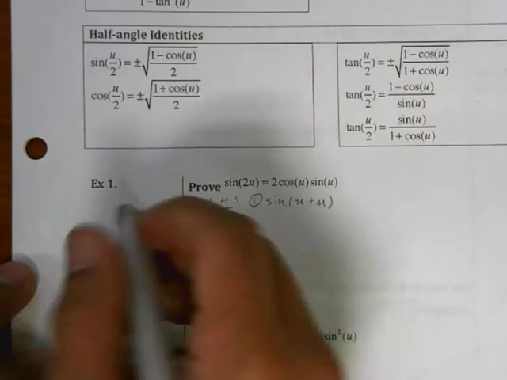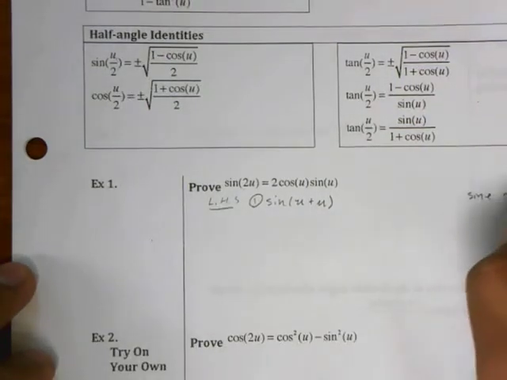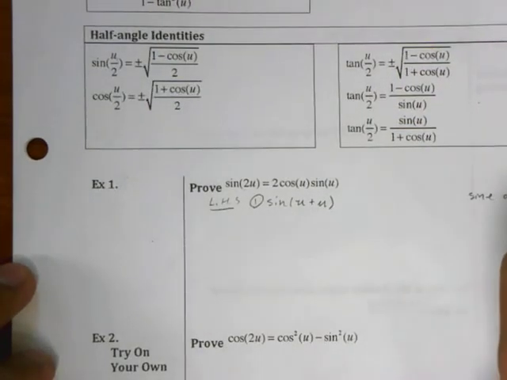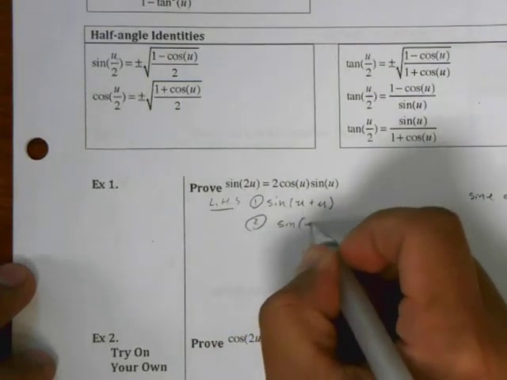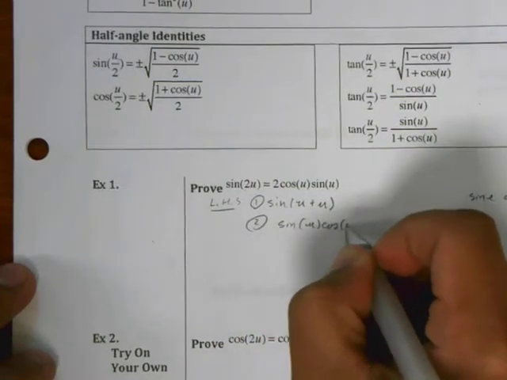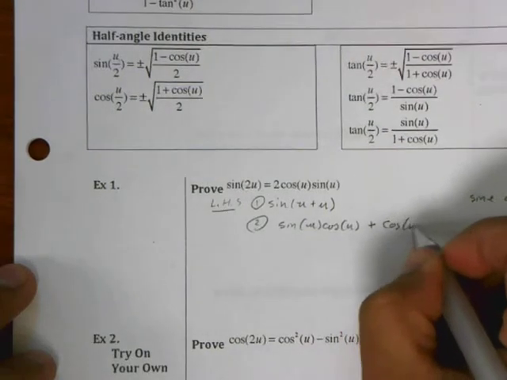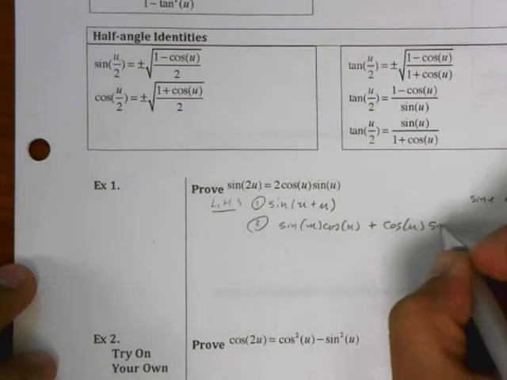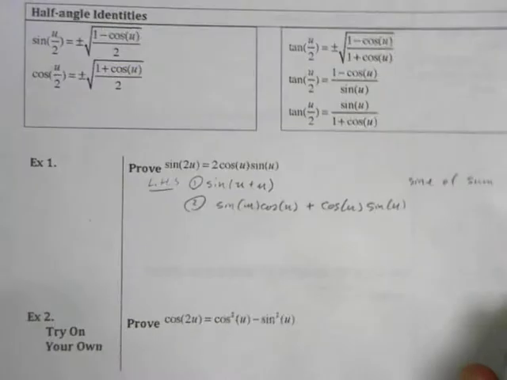And I'm going to write my reason on the side here. This is sine of a sum, and this becomes sine u cosine u plus cosine u sine u. Okay, so it's sine of a sum that gives me that expression.